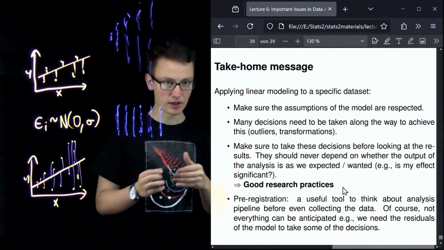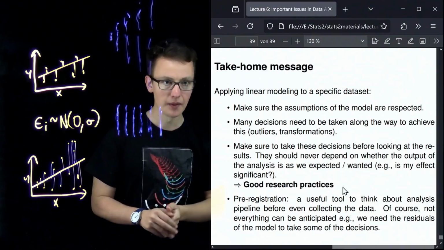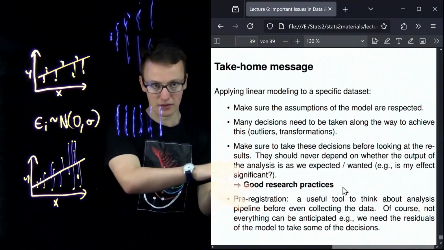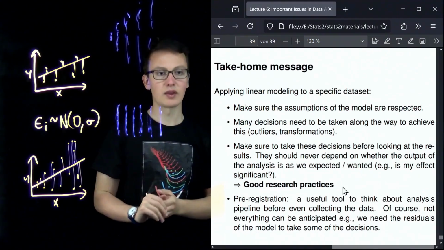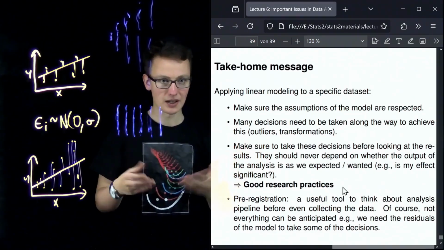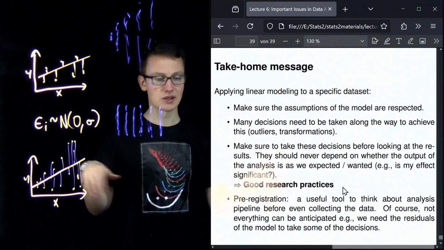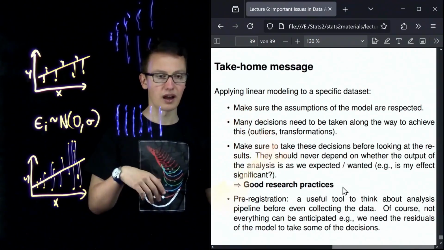We should report that we had this one analysis that we wanted to run a priori. We saw that the results look a certain way, maybe they're not significant, and then, as an exploratory but transparently described additional analysis, we ran, let's say, an analysis with a transformation on the dependent variable or with outliers being removed.